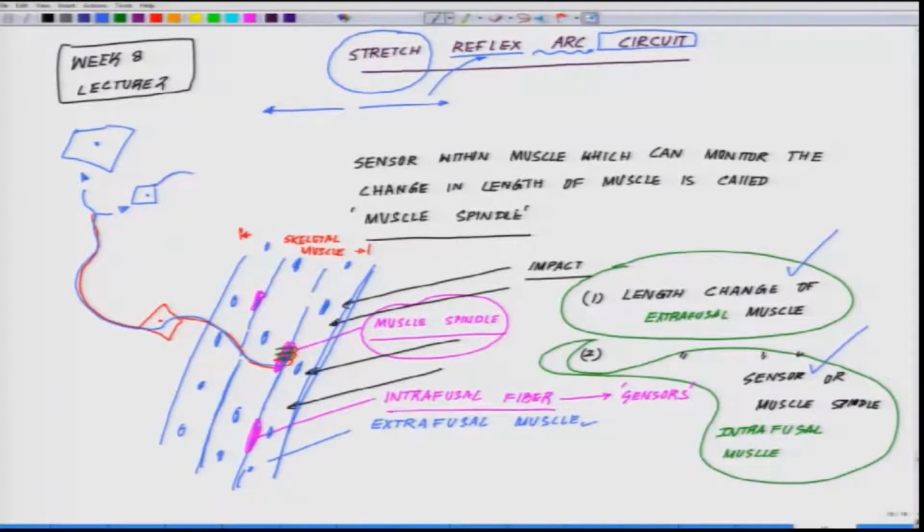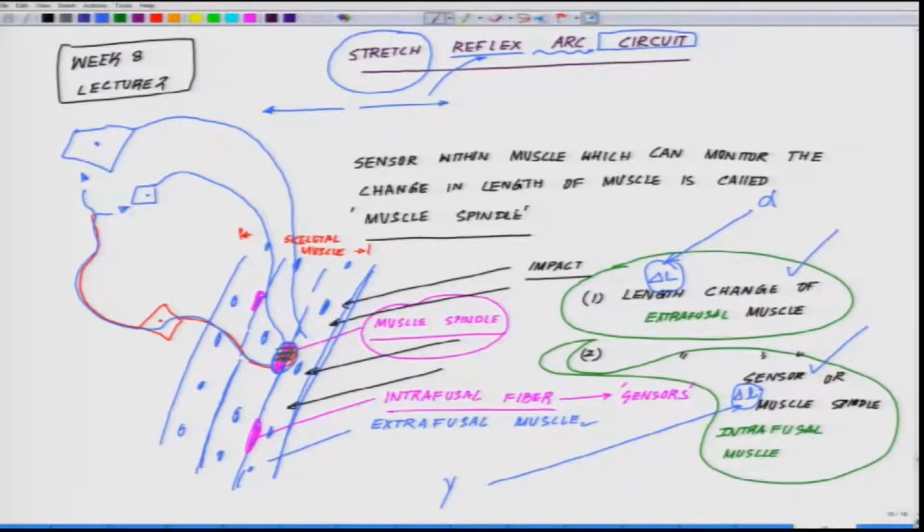The gamma motor neuron brings a signal telling the spindle to regain its size, whereas the alpha comes to the surrounding extrafusal muscle and asks it to change in length. So any delta L change here or delta small l change here: this one is taken care of by gamma, this one by alpha.